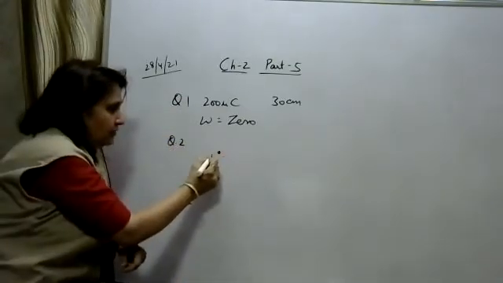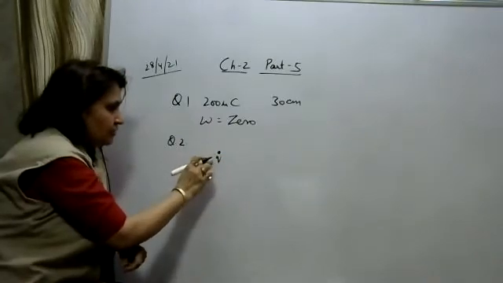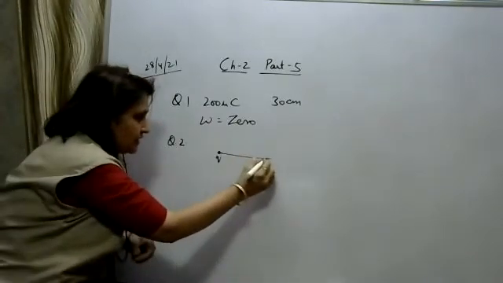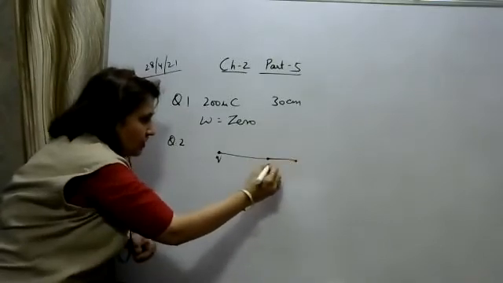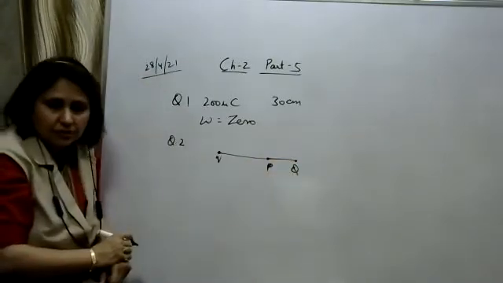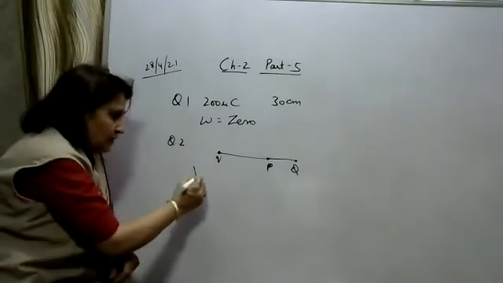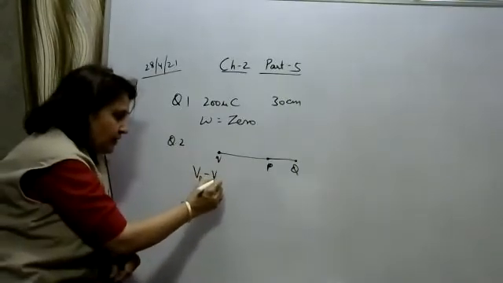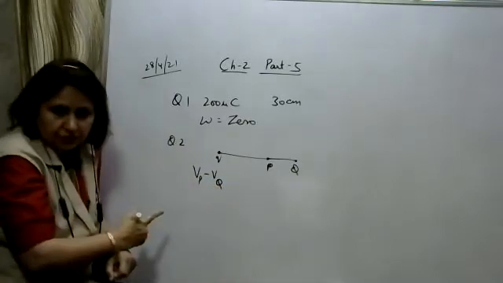Let there be a charge Q here, positive or negative, we'll discuss later on. And there are two points, P and Q. Find out the potential difference Vp minus Vq.